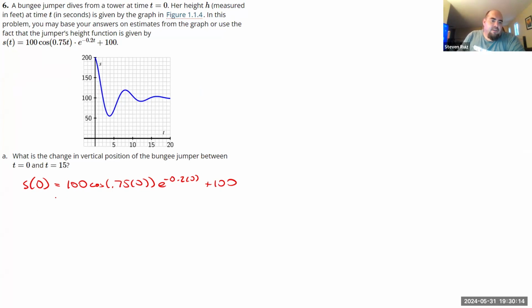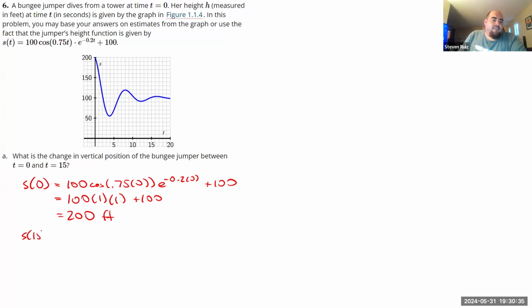A lot of these things are going to go to 0. Cosine of 0 is 1, so we get 100 times 1 times e to the 0, which is 1, plus 100, which is equal to 200. And what are our units? They are feet. So 200 feet.